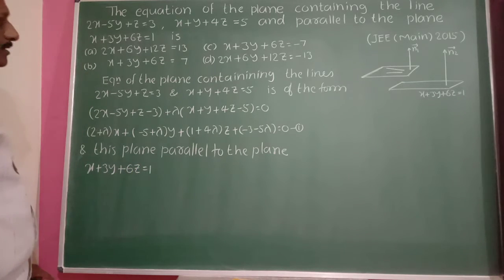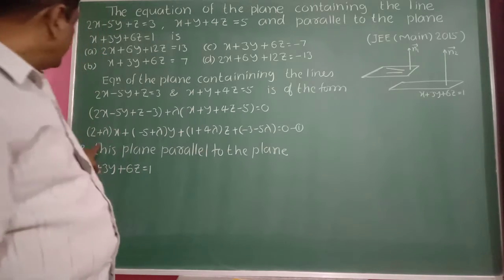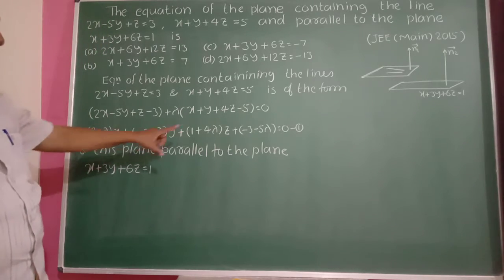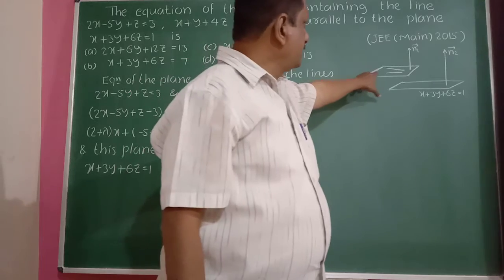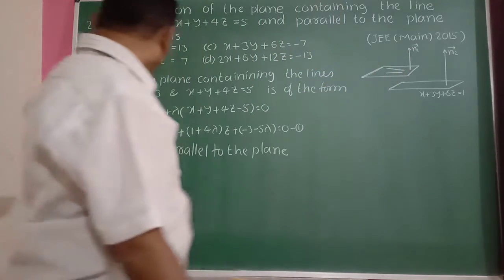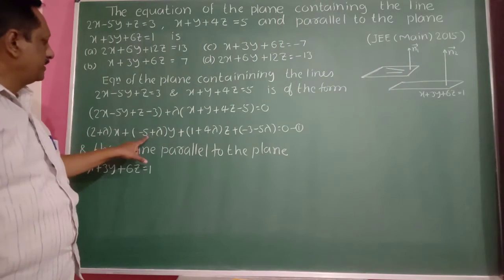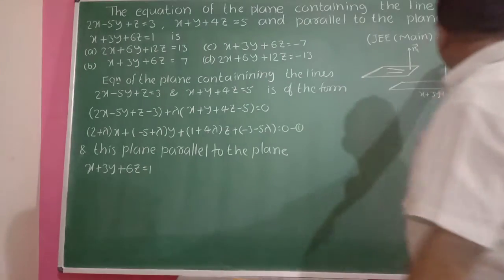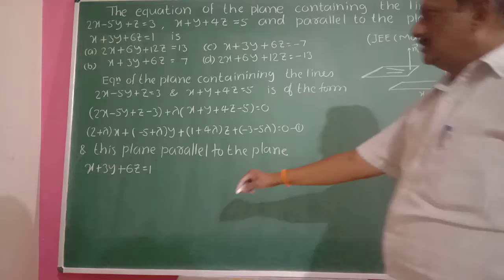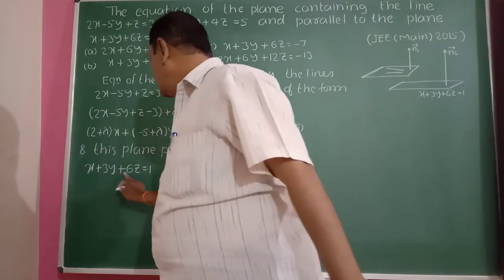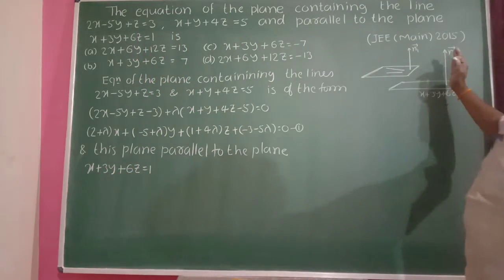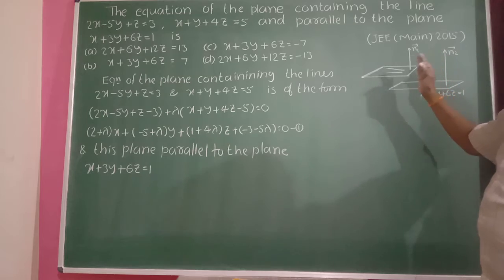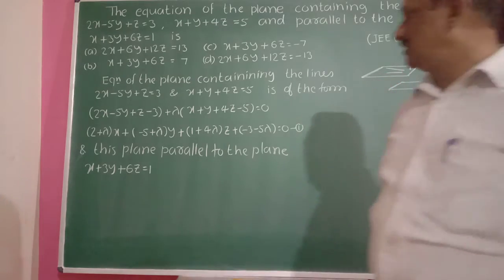Therefore, the direction ratios of the normal to this plane are 2 plus lambda, minus 5 plus lambda, 1 plus 4 lambda. And the direction ratios of the normal to the other plane are 1, 3 and 6. And if normals are parallel, then the direction ratios are proportional.